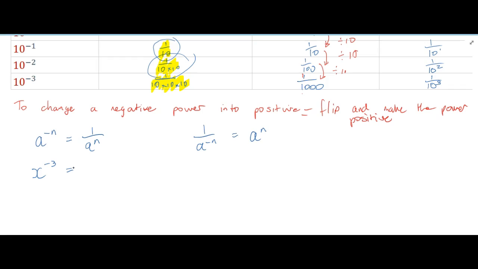It's just a convention, and you need to know how to do this. So x to the power of negative 3 is going to be 1 over x to the power of positive 3. Another example: 1 over x to the power of negative 10. In this case we flip it onto the top and you get x to the power of positive 10. That's how you do it.